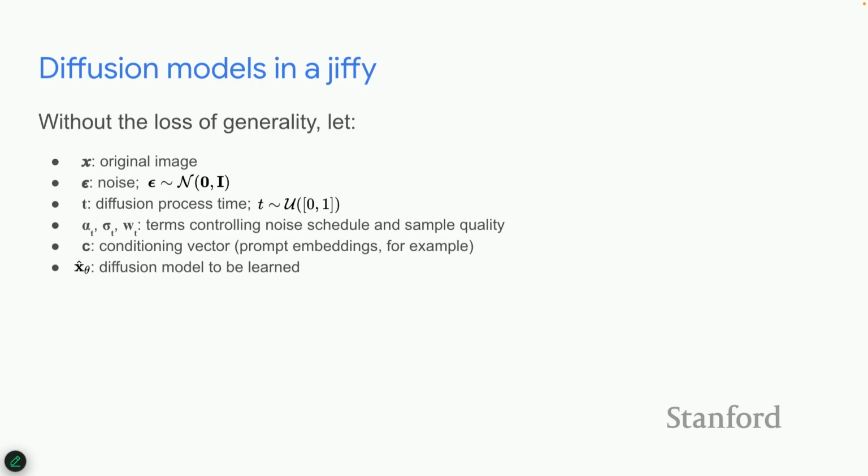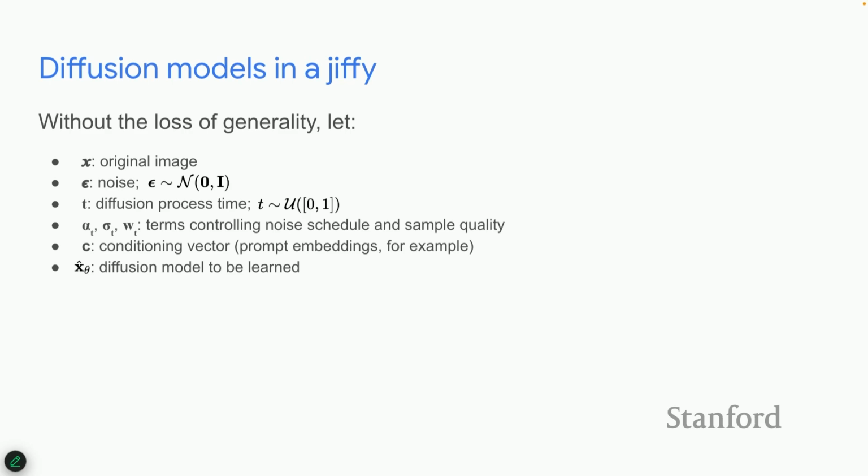So let's say I have some original image and I'm drawing some noise from a standard Gaussian distribution. And let's say I am also drawing some time step from a uniform distribution. Then I have a particular noise schedule and some terms that control the noise schedule. And then let's say I have some conditioning vector, by which I essentially mean some text embeddings or some other form of structural controls, like depth maps, segmentation maps, and so on.